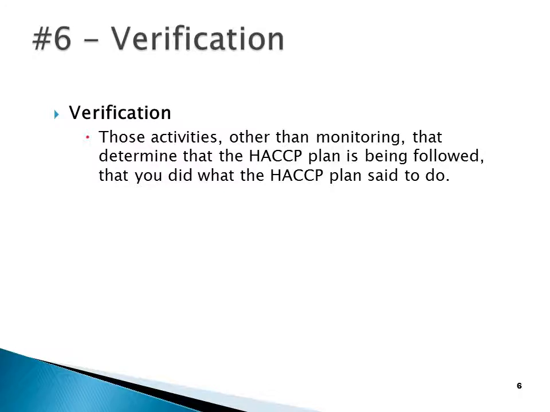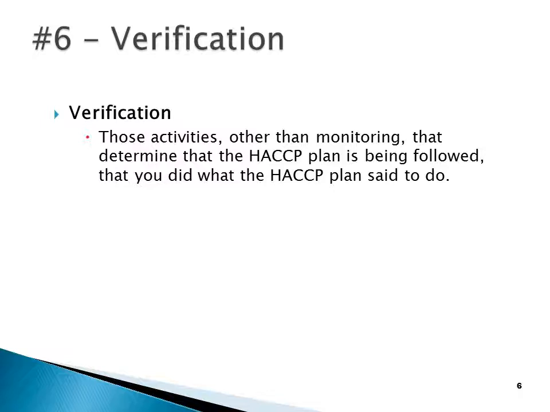Okay, it's the king of repetition. We're at the sixth principle, and let's review the first five. The first principle was hazard analysis. Second principle was where do we fix those hazards, or what are the critical control points. Once we knew that, we went to number 3, which was what are the critical limits to make sure we fix that problem.